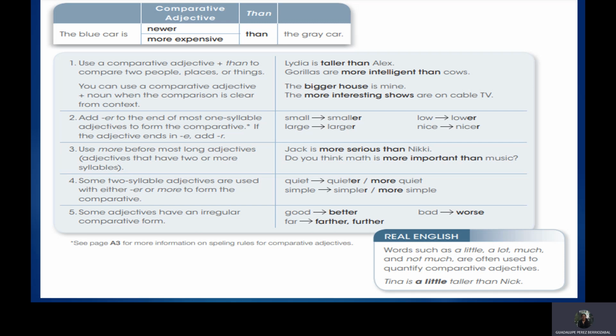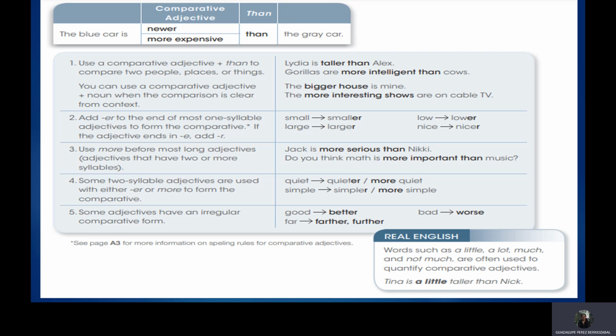For example, in the case of small, smaller, large, larger, low, lower, and nice, nicer. We only have to add er at the end, or in the case of large, for example, where the adjective ends in e, we only add r.